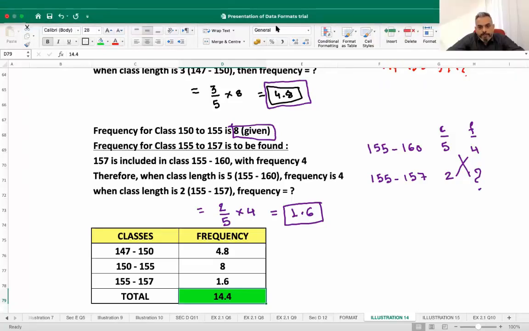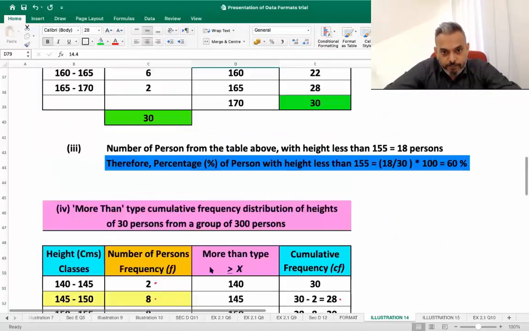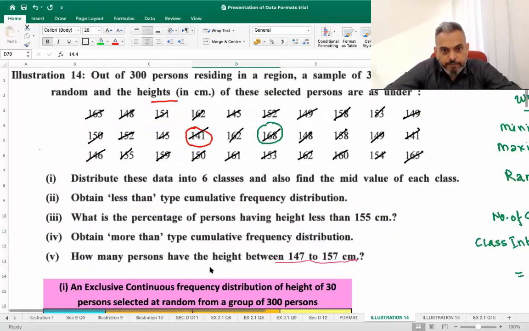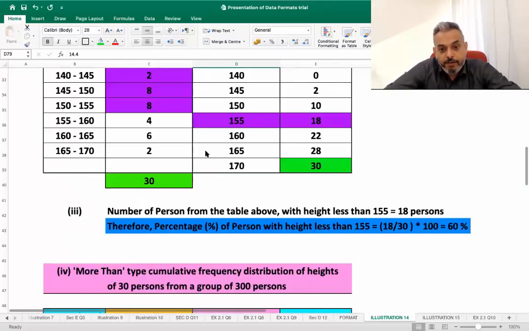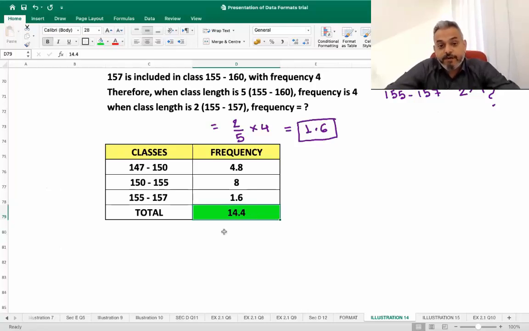You know that frequency over here is the number of persons. You can see over here, these are the number of people. So how can we have a total number of persons as 14.4? So please write the final answer.